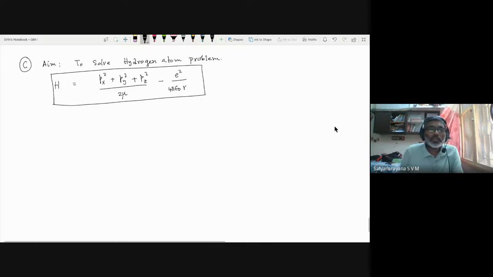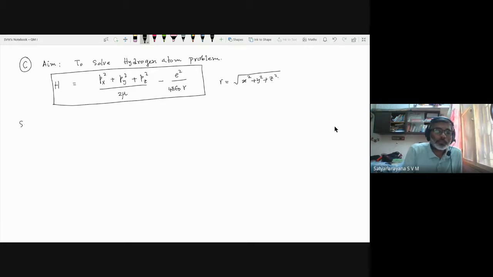By looking at the Hamiltonian, you may see that I have written px square, py square, pz square. So ideally, I should have written this R as the square root of x square plus y square plus z square. So here R is equal to the square root of x square plus y square plus z square.